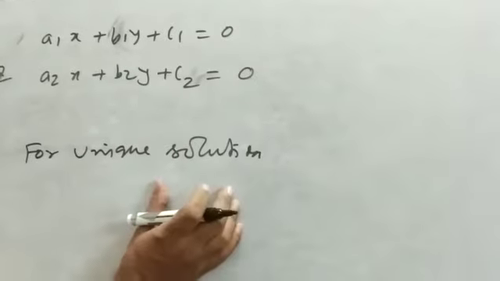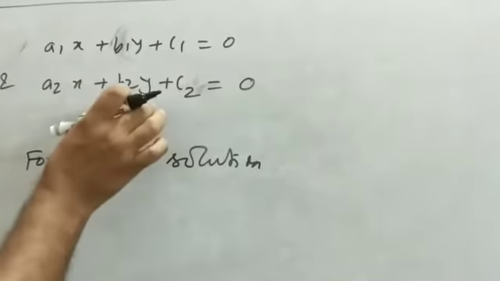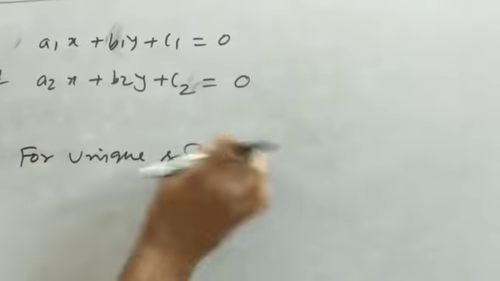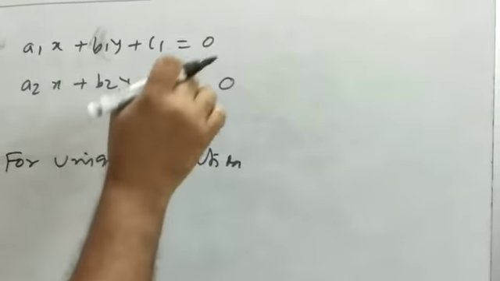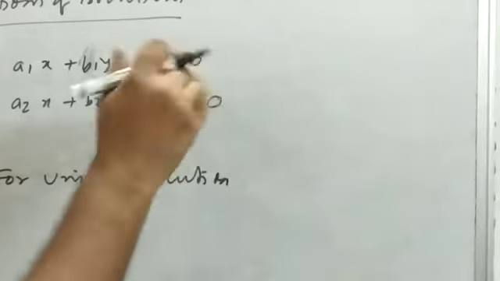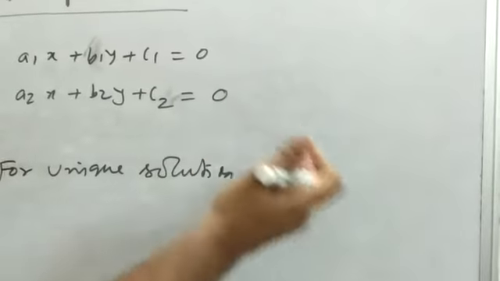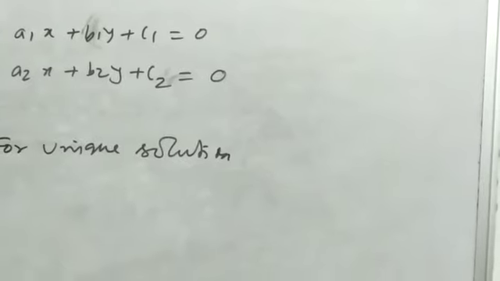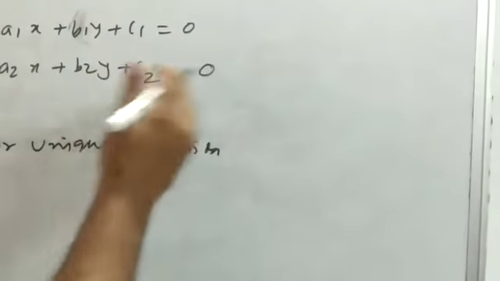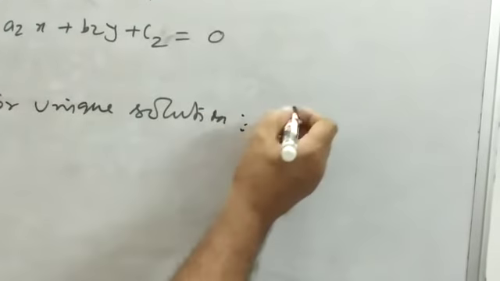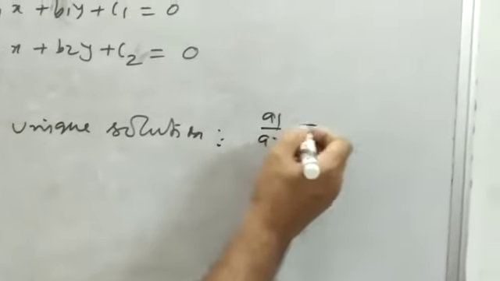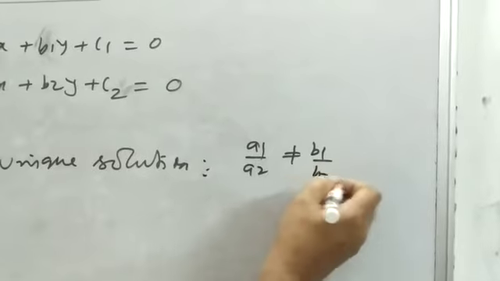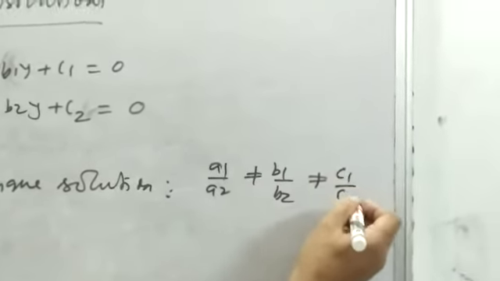In this case, if we draw the graph, the graphs will intersect. Without drawing the graph, we can say whether the graphs will intersect or not from this condition. And we also say that these 2 equations are consistent. So what is the condition? a1 by a2 not equal to b1 by b2.